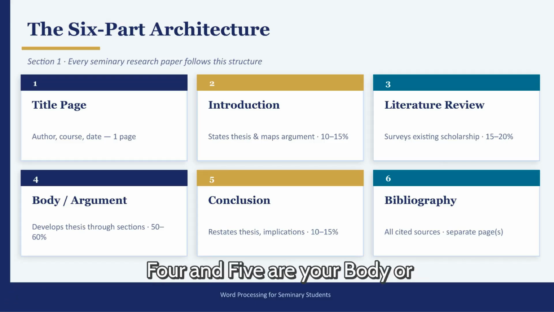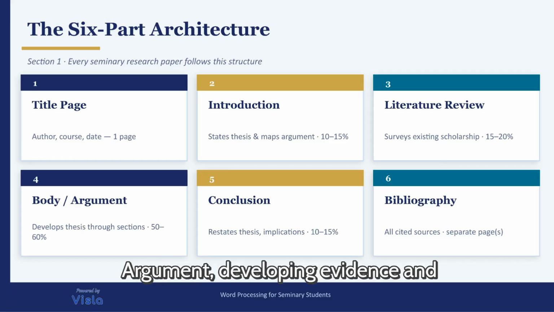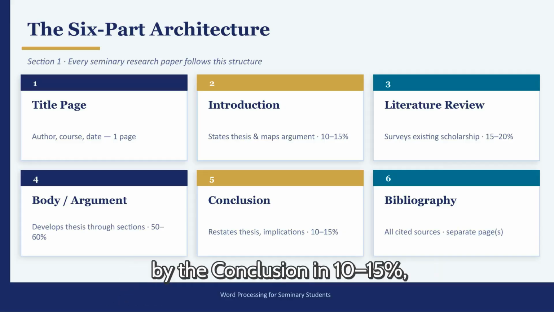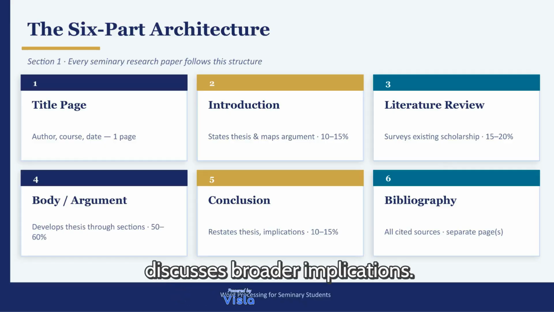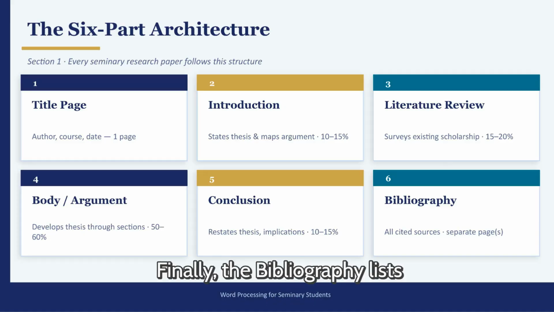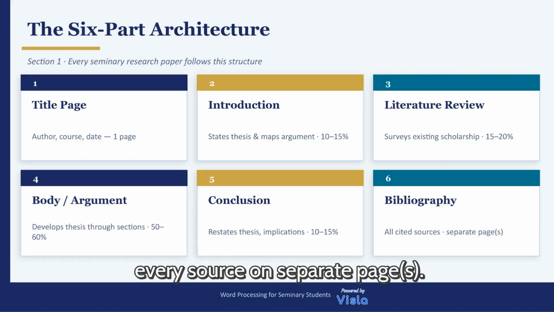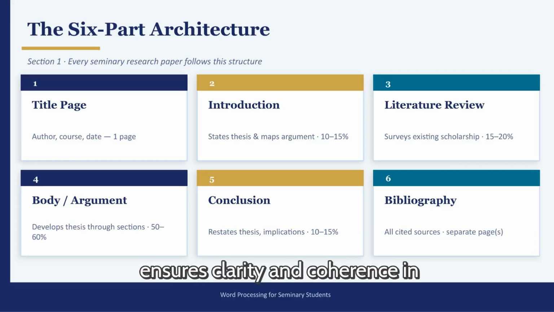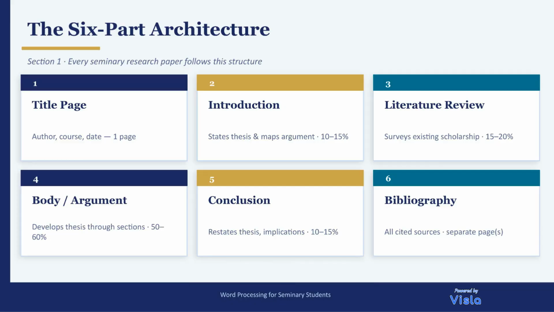Sections 4 and 5 are your body or argument, developing evidence and analysis across 50 to 60%, followed by the conclusion in 10 to 15%, which restates the thesis and discusses broader implications. Finally, the bibliography lists every source on a separate page. Keeping these sections in balance ensures clarity and coherence in your theological essay.